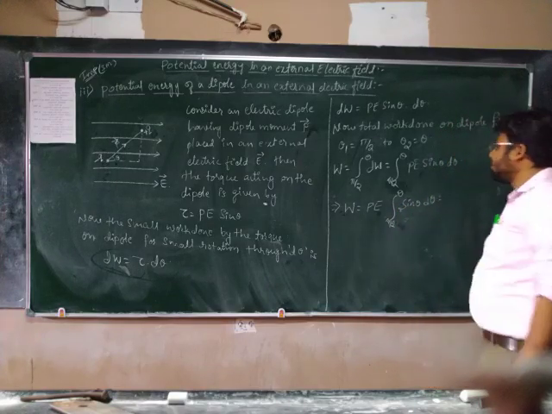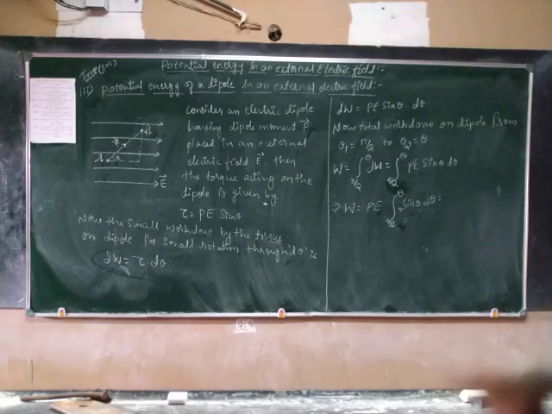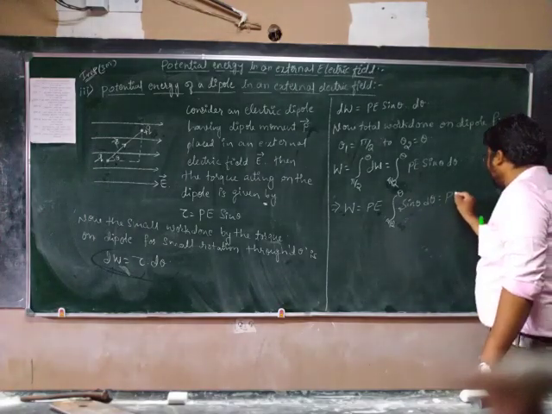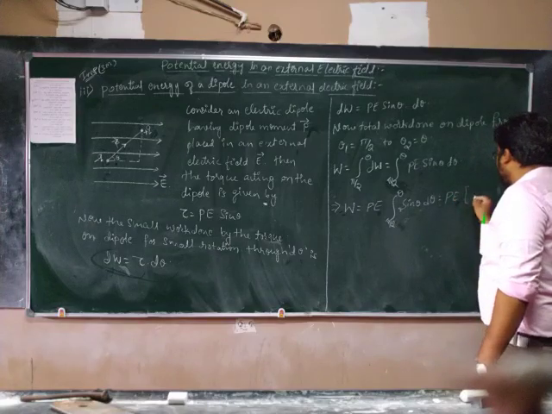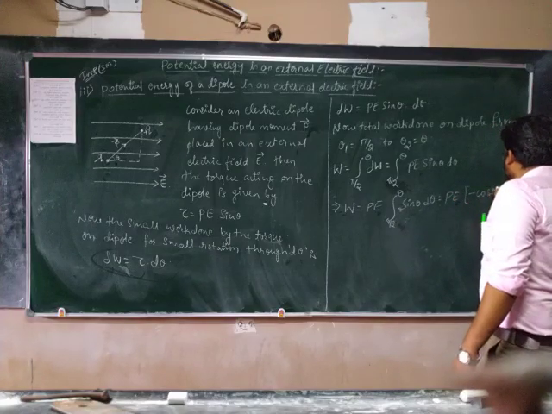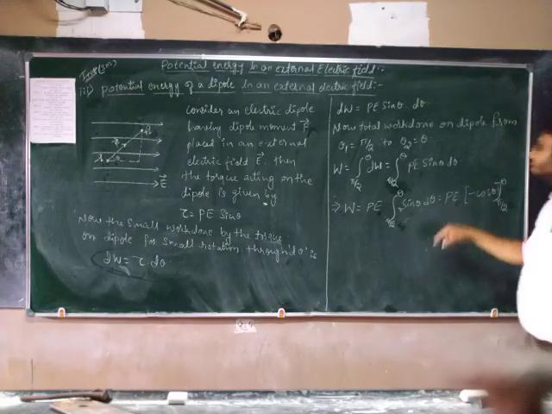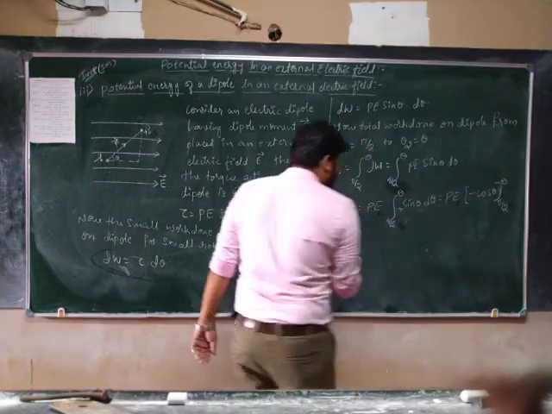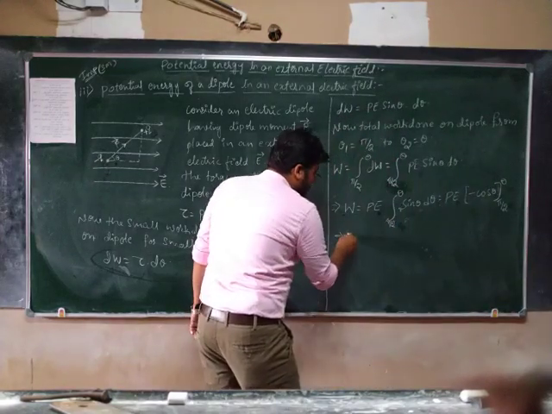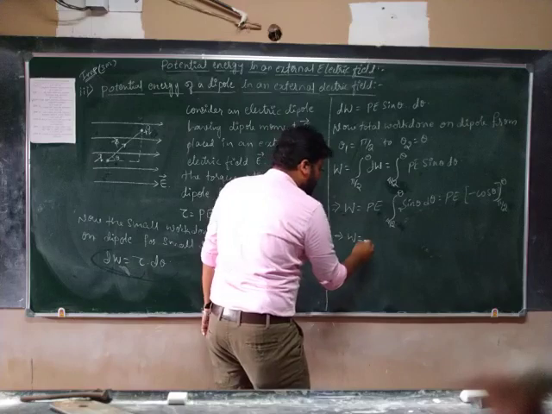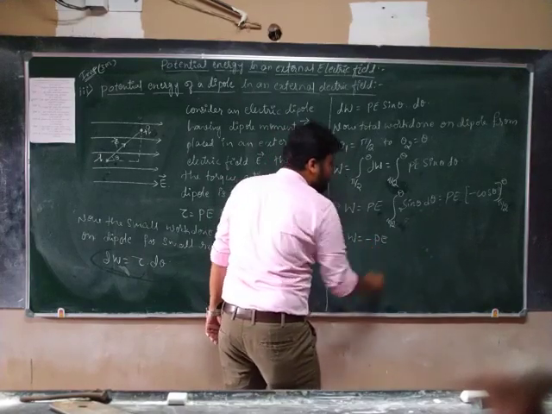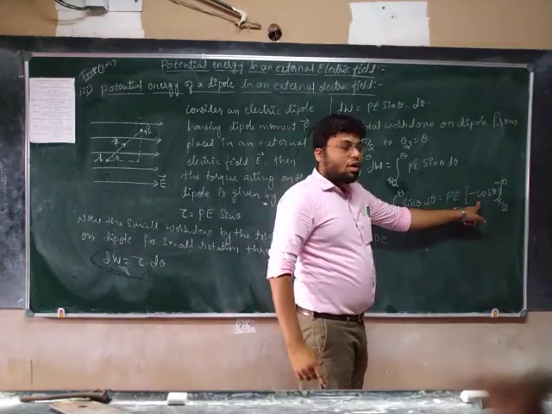What is the integration of sin theta? That is minus cos theta. So which is equal to p into E into minus cos theta from the limits pi by 2 to theta. Take this minus outside. So that is W is equal to minus pE cos theta.